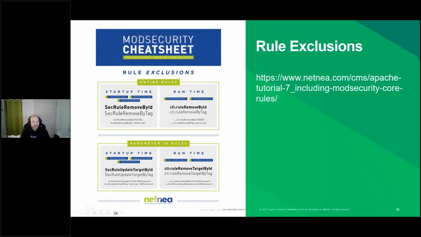So you can disable a rule for a certain scenario right at the beginning. There's also an option to remove or disable a rule in the process, not from the beginning on, but in the process. And similarly with parameter changes, you can advise a rule with a new parameter right at the beginning or during the process as well.